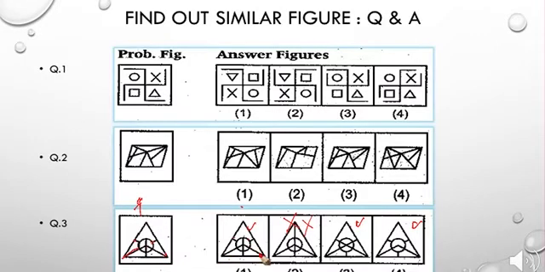In option 1 it is there. Option 2 we had already rejected on another basis. In option 3 these lines are there, so this could be the answer. In option 4 these lines are there, so this also could be the answer. So we could not make any differentiation on the basis of this.